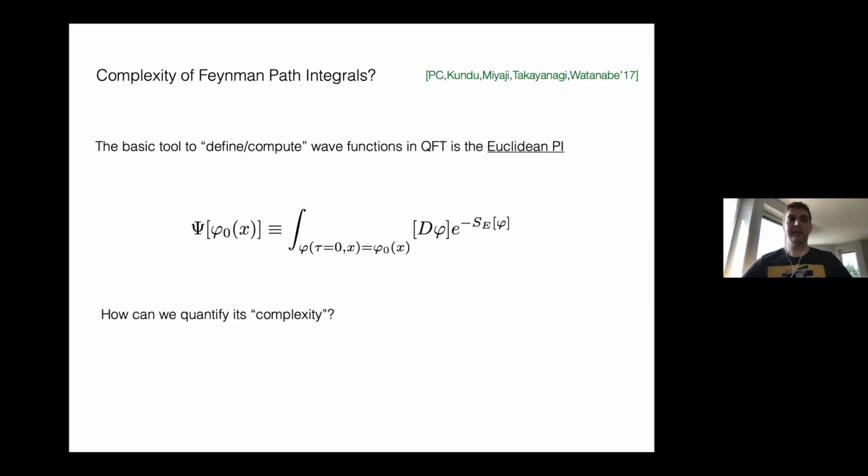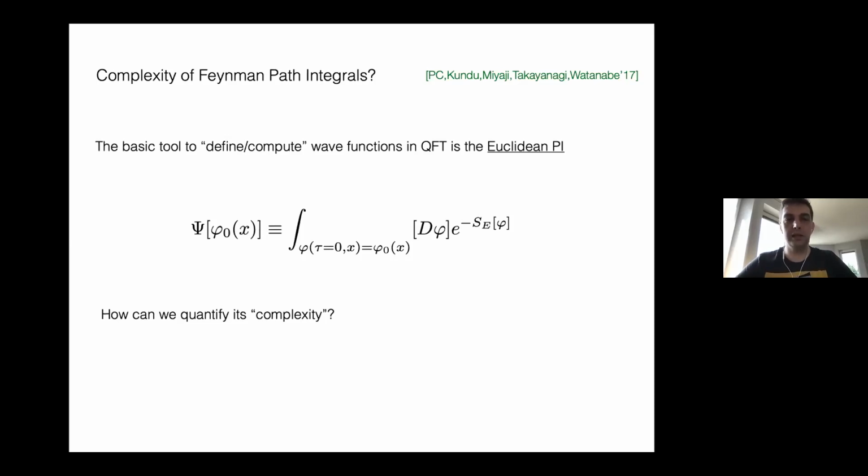Okay, so the first part of the story that I would like to talk about is the work I did in Kyoto with Nilay Kundu, Masamichi Miyaji, Tadashi Takayanagi, and Kento Watanabe. The question we asked in this whole discussion about complexity was, how can we compute complexity of Feynman path integrals in general?